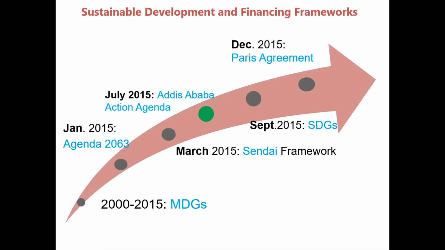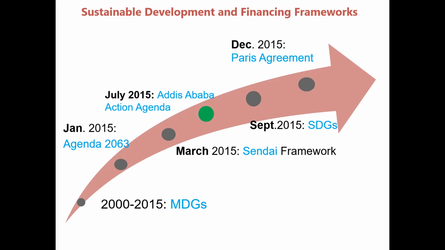So this graph shows you the evolution of different agreements, starting from the Millennium Development Goals to the Paris Agreement and the Sustainable Development Goals.